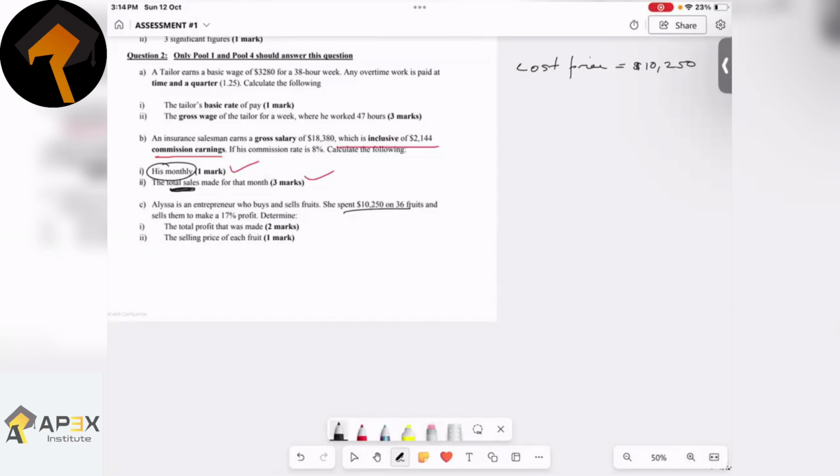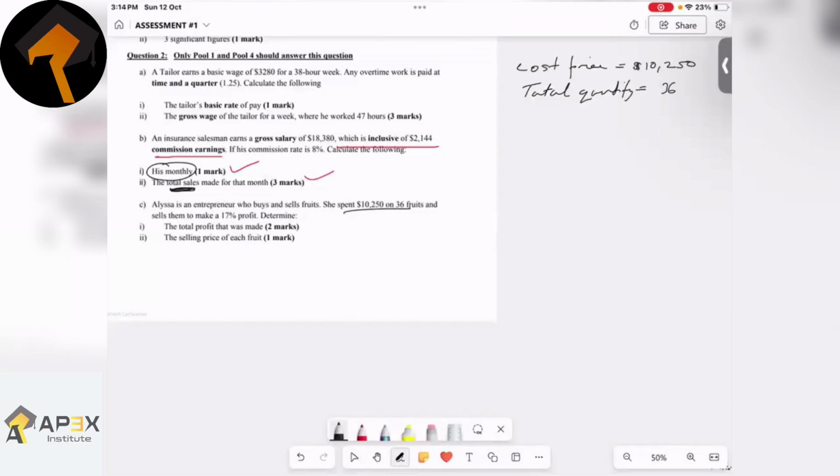And I also know that the total quantity is 36 fruits. You don't have to write all of this extra stuff, guys. This is just me being a teacher. All right, 36. All right, let's continue.